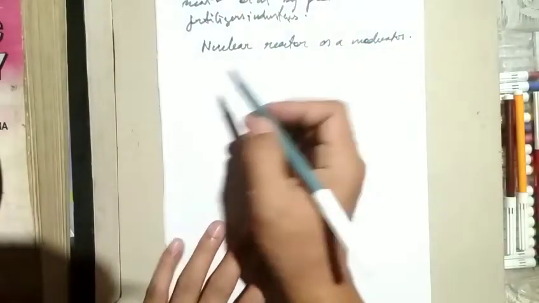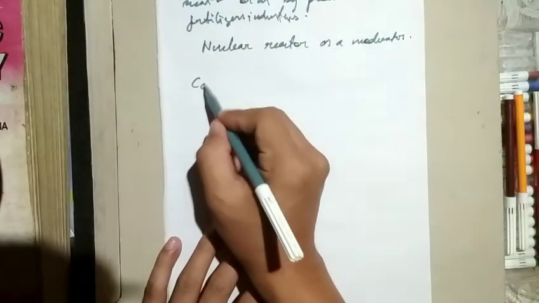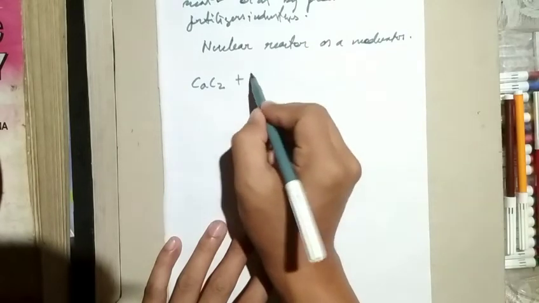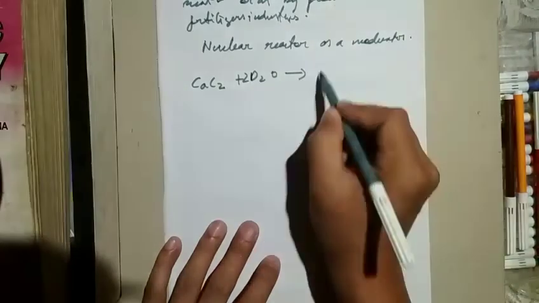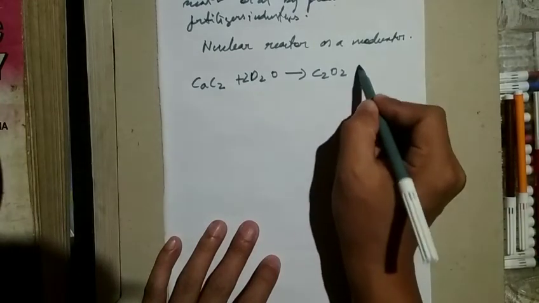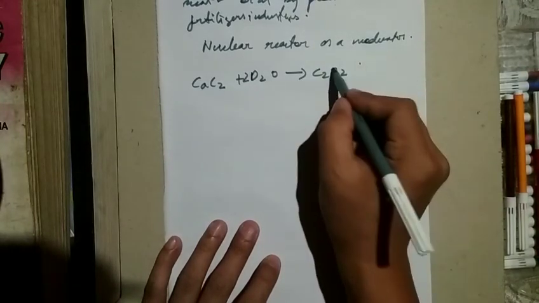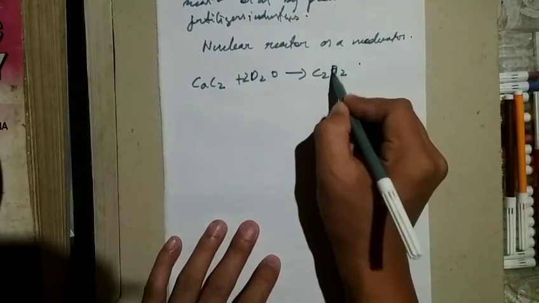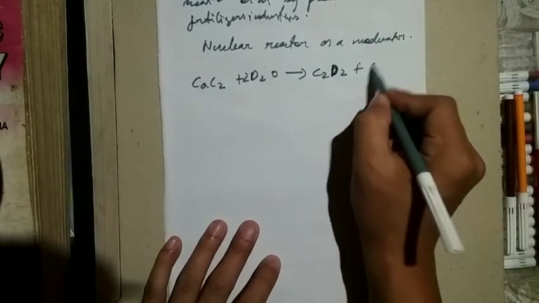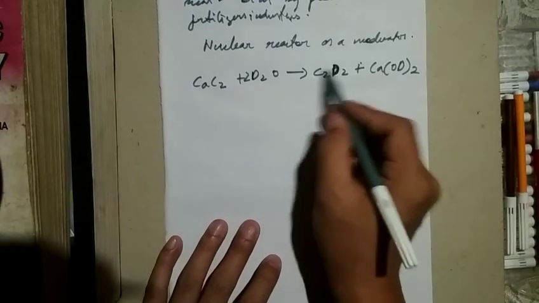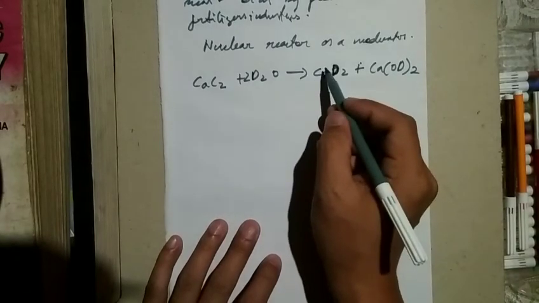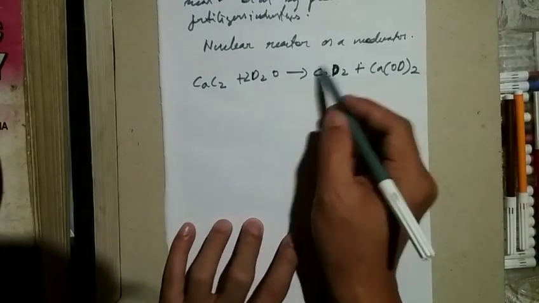Let's see some examples. CaC2 plus 2D2O gives C2D2, sorry, C2D2 plus Ca(OD)2. So this is another deuterium compound.